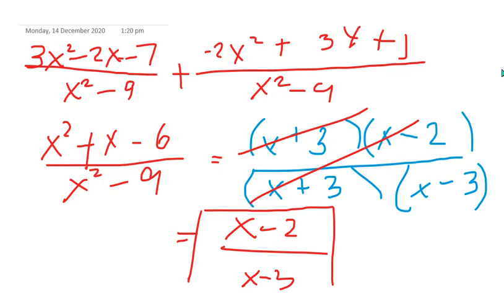Okay? How about adding with different denominator? Now, to add different denominator, you're going to get the LCD. So, how are we going to get the LCD of the denominator? For example, finding the LCD.